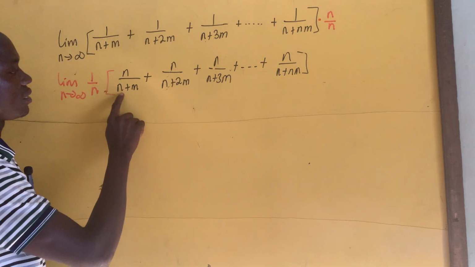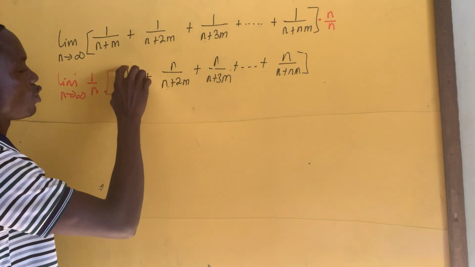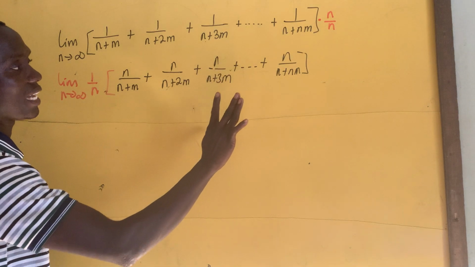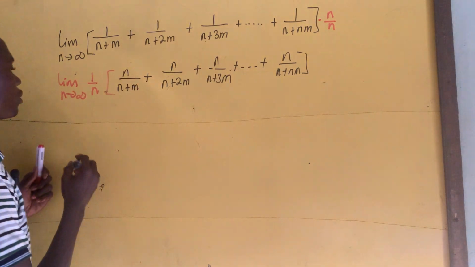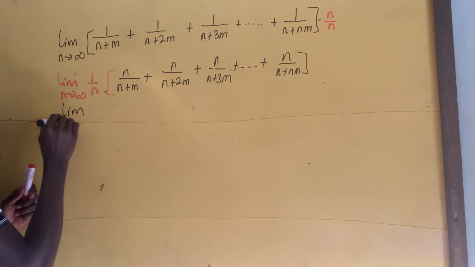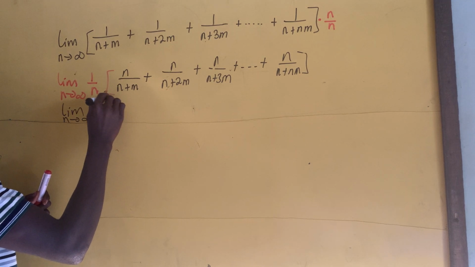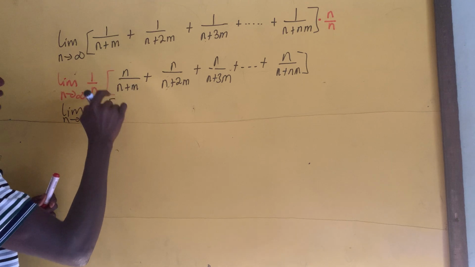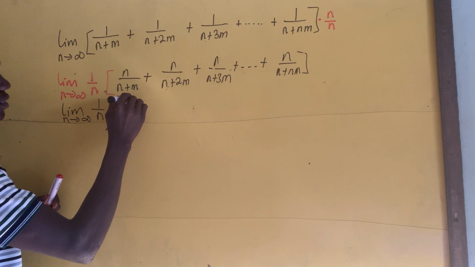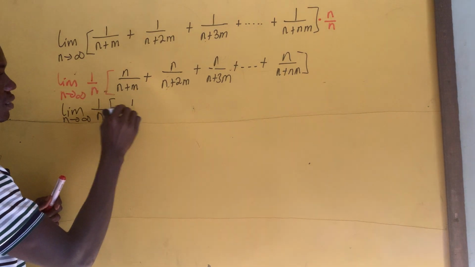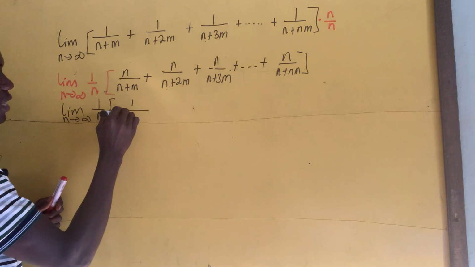We're going to divide both the numerator and the denominator by n. So we have the limit as n goes to infinity, 1 divided by n, into n divided by n is 1.